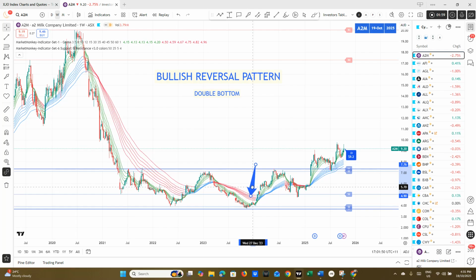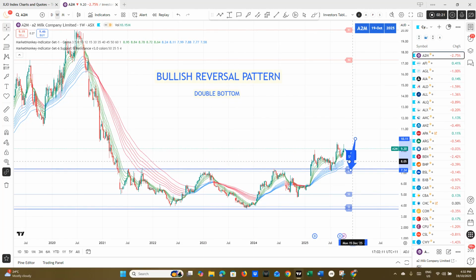You can see it's got a couple of support lines there, so this is more of a support region. It's come down to this support region once and then twice, and in between there's been a price rise up to a zone of resistance.